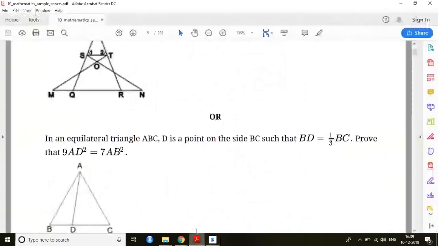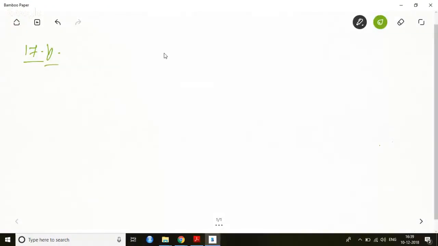It has been given to me as ABCD, and BD is equal to 1 by 3 BC.